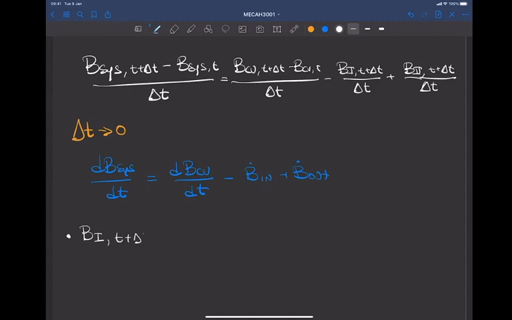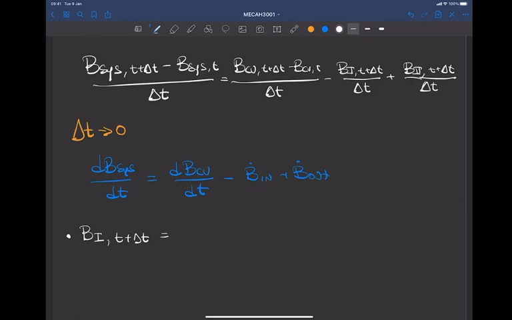So what is the B that is now in region 1 after a time delta t from the beginning of the process? So from the time t where we consider that the system and the control volume were overlapping. Well, we have some mass that has entered in this region because there was some flow passing through section 1.